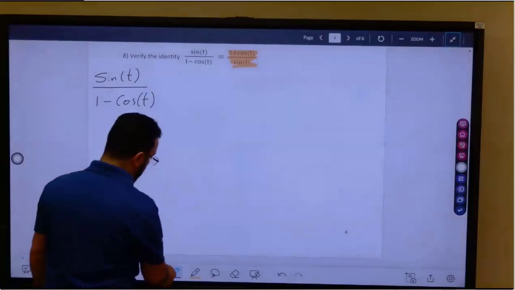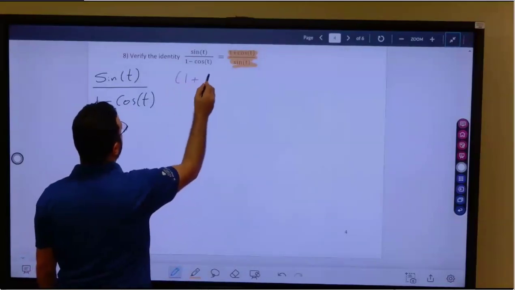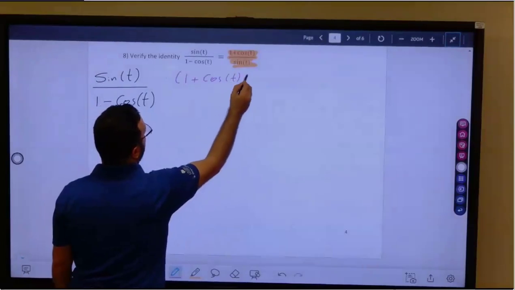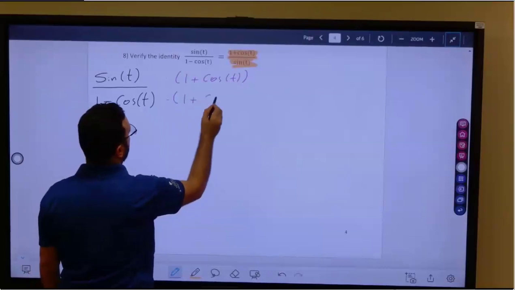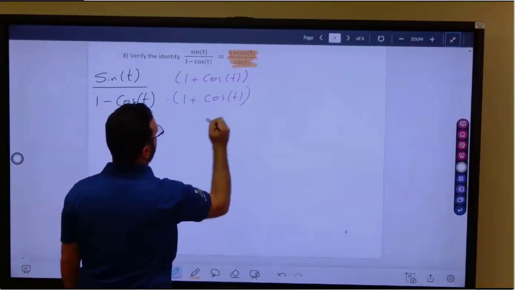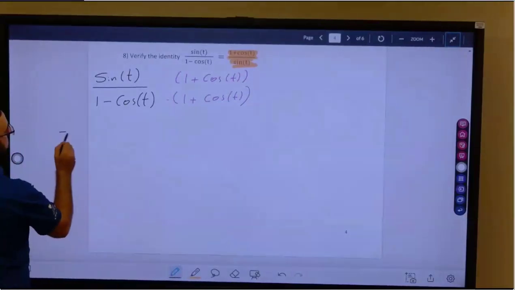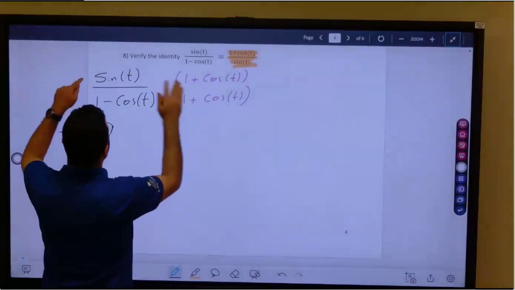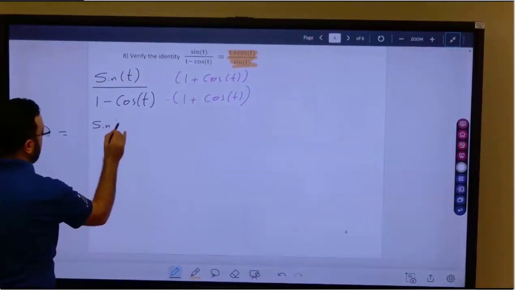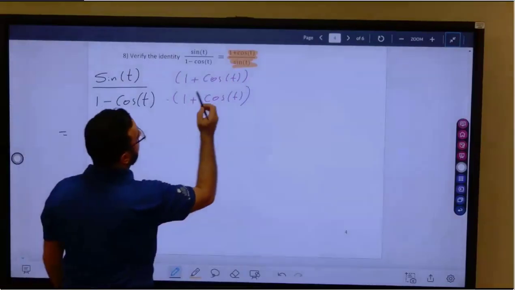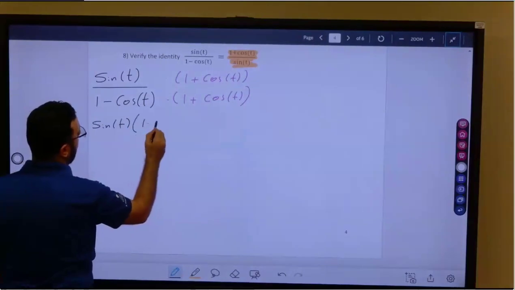So in this case, to simplify, we're going to multiply this one by 1 plus cosine t, and multiply this one by 1 plus cosine t. Let's see what we get. You don't have to distribute sine t on the parentheses. Just keep it sine t, which is what's going to be here.